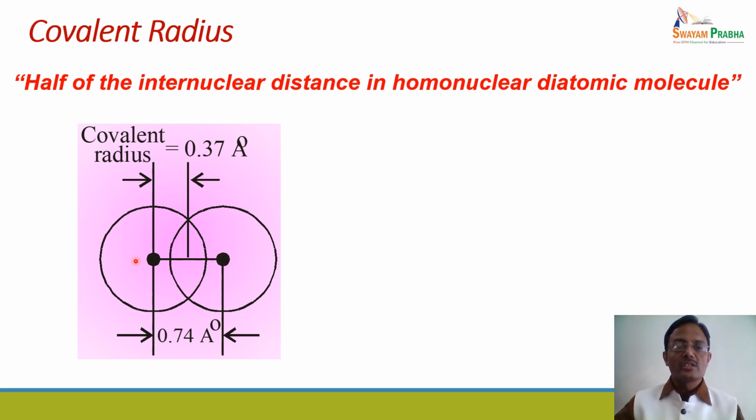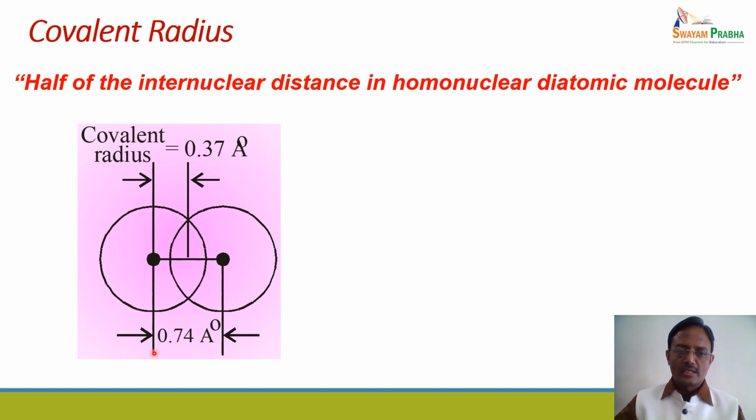There is no uncertainty, or almost negligible uncertainty, involved in the location of the nuclei, because it is not in motion, and the mass of the nucleus is much larger than the mass of the electron. So experimentally it is possible to determine the bond length of H2 molecule, and half of the bond length is considered as the covalent radius.